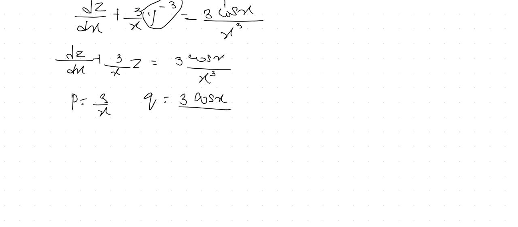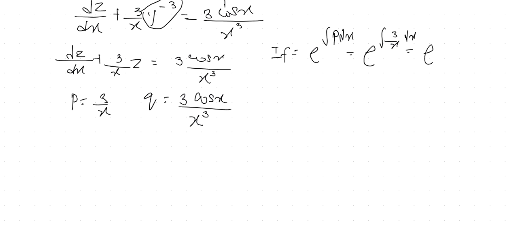Therefore, the integrating factor is equal to e raised to the power of integral of p dx, which is e raised to the integral of 3 over x dx, which is e raised to the power of 3 ln x. And therefore, the integrating factor is e raised to the power of ln x cubed. Then finally, you have x cubed. So this is the integrating factor.